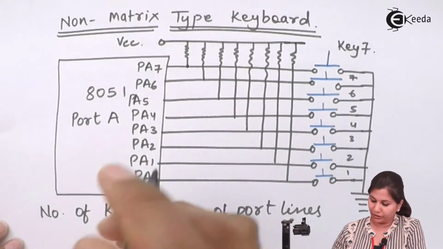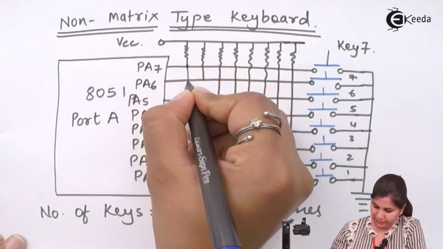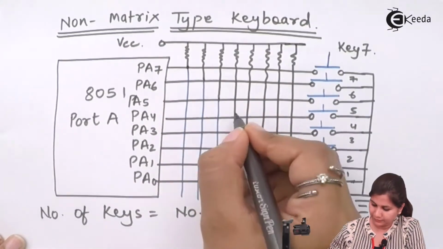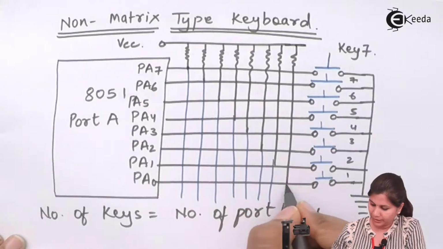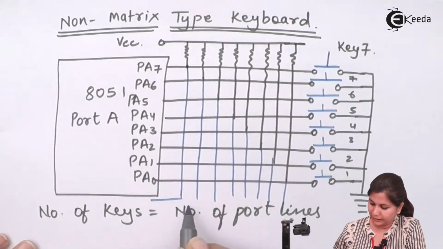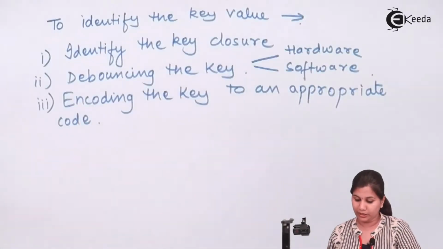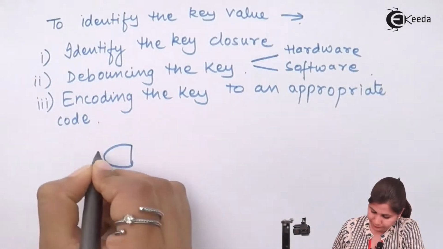So if we connect all these, which are extended, with the NAND gate, all these lines will be connected as an input to a NAND gate. Here I have drawn this NAND gate.